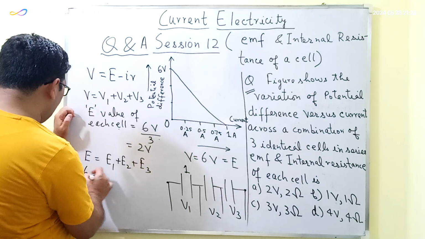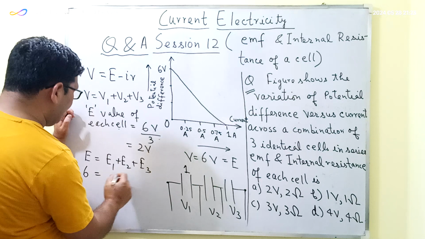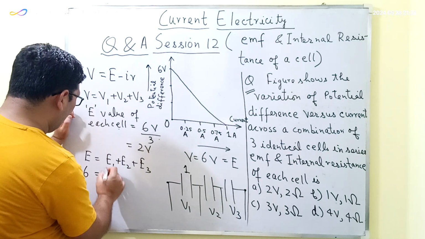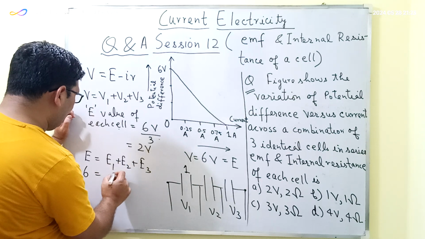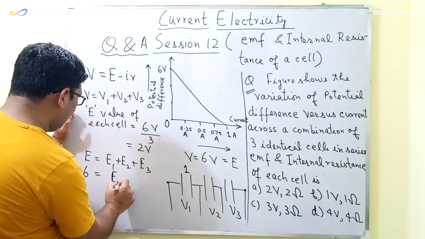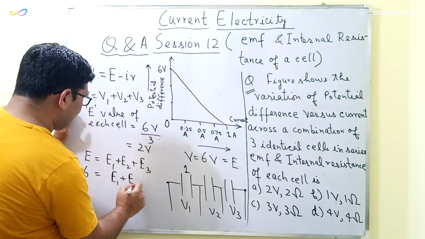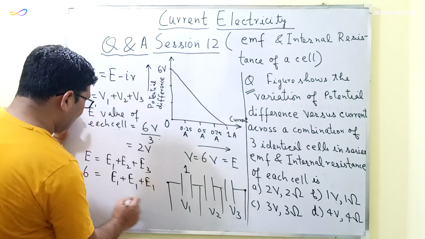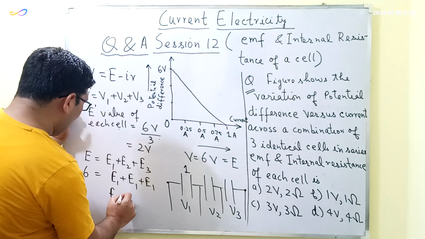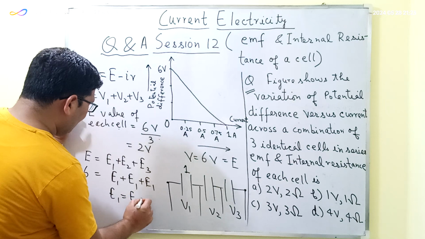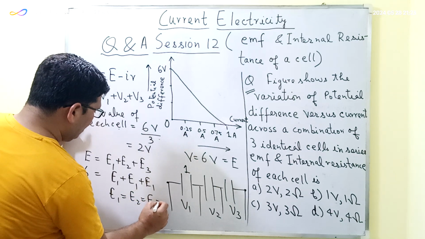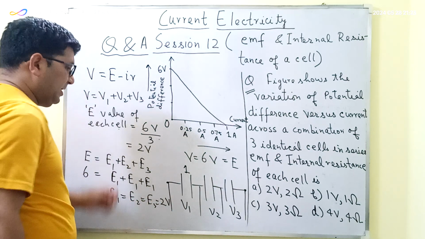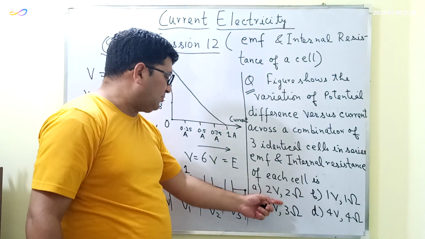And since E is equal to 6 and all these three cells are identical, therefore I can just write E1, E2 will also be equal to E1, and the value of E3 will also be equal to E1. So E1 is equal to E2, which is equal to E3, which is equal to 2 volts. Okay? So the EMF value of each cell is equal to 2 volt.